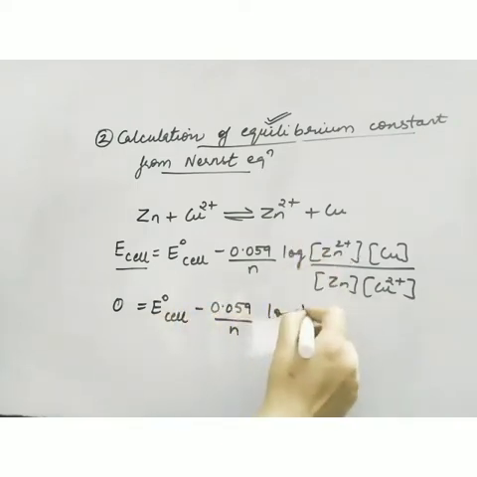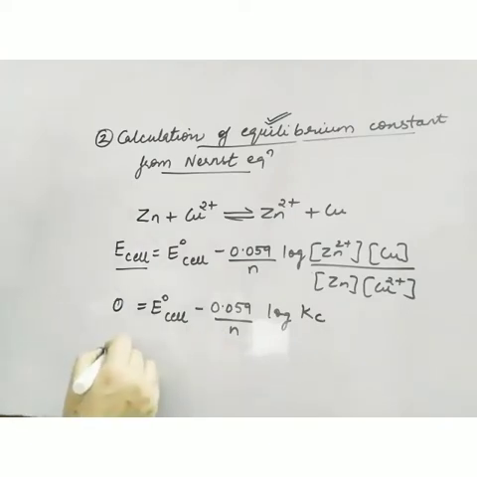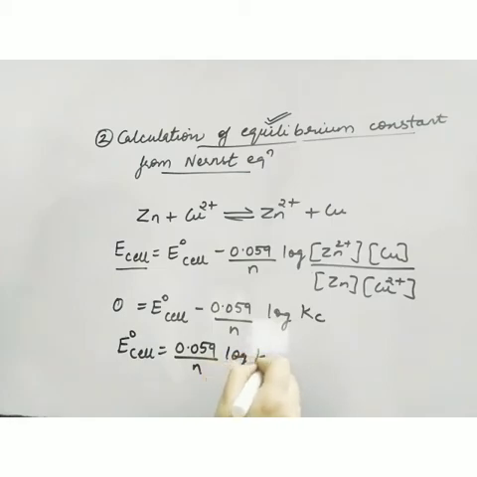Now for this we can write Kc. If you remember last year in equilibrium chapter, we have learned how to write Kc for a reversible reaction. Kc is the same. It is the ratio of product of concentration of products upon reactants. So I can simplify it. So the reaction is now E naught cell equals 0.059 upon n log of Kc.